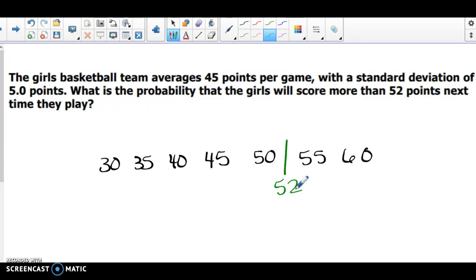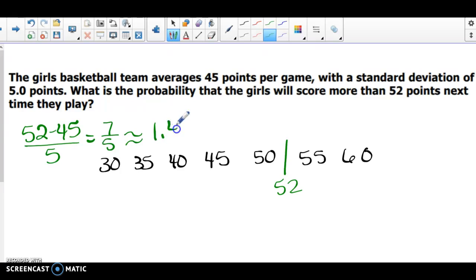So again, I need to go back and find my z-score for it. So I'm going to say 52 minus 45 divided by 5. 7 divided by 5. And that gives me 1.4.